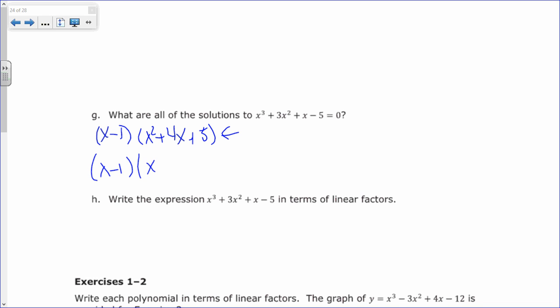So it would be x minus 2 plus i, and x minus 2 minus i.